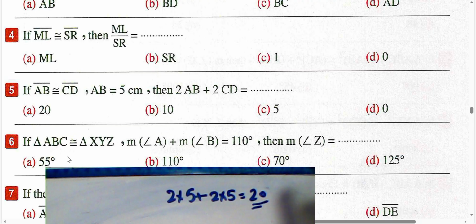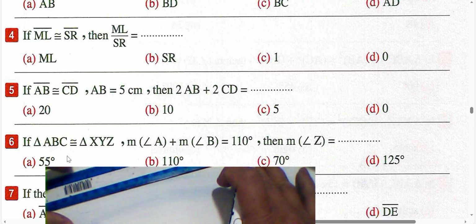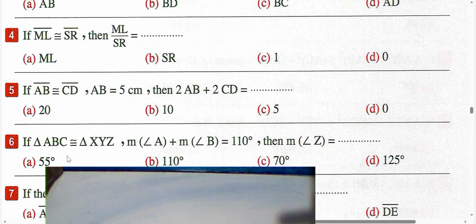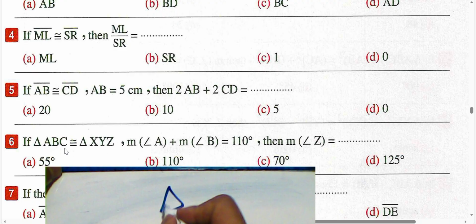Number 6. If triangle ABC is congruent to triangle XYZ, and the measure of angle A plus the measure of angle B equals 110, then the measure of angle Z equals what? Angle Z is congruent to angle C, they are equal in measure. So we can first find the measure of angle C in triangle ABC.